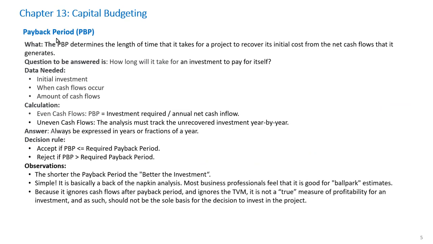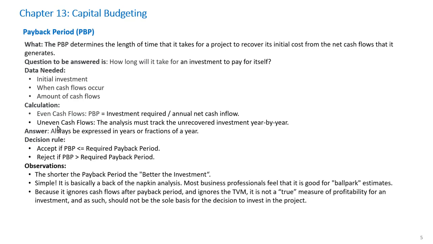The payback period, or PBP, determines the length of time that it takes for a project to recover its initial cost from the net cash flows that it generates. In simple terms, it is the time it takes for an investment to pay for itself. The payback period can be calculated with even or uneven cash flows.